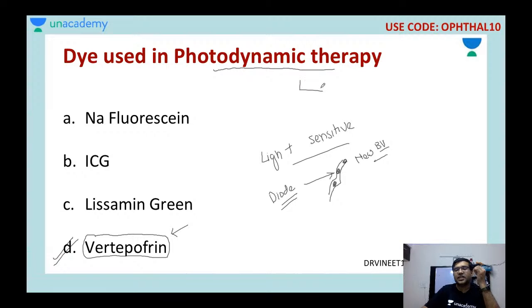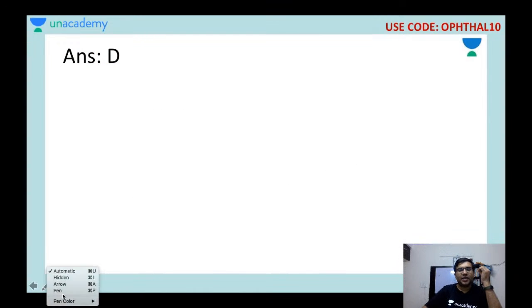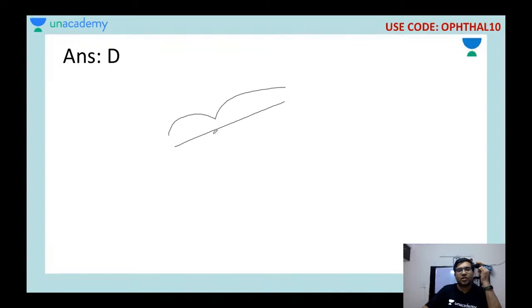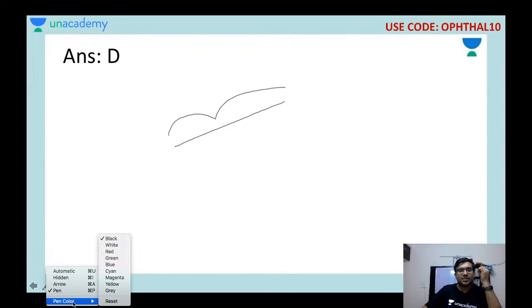It is used in a type of ARMD which is called subfoveal ARMD. What is the meaning of subfoveal ARMD? Subfoveal ARMD means that, let's say this is the macula. This is the center of the fovea. Just beneath the center of the fovea, we have the new vessels.